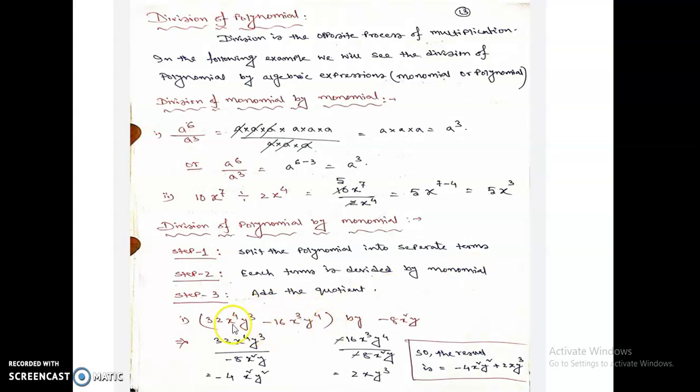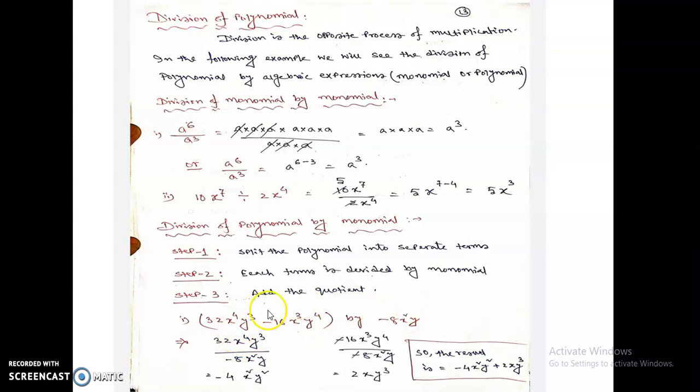Now here you can see in this example, basically we are dividing 32x to the power 4 y cube minus 16x cube y4 by the term minus 8x square y. So the first term of this expression has to be divided by minus 8x square y. Then the second term minus 16x cube y4 has to be divided by minus 8x square y.